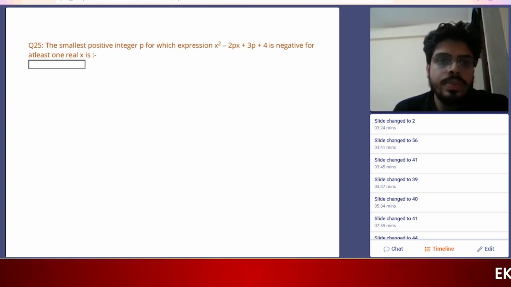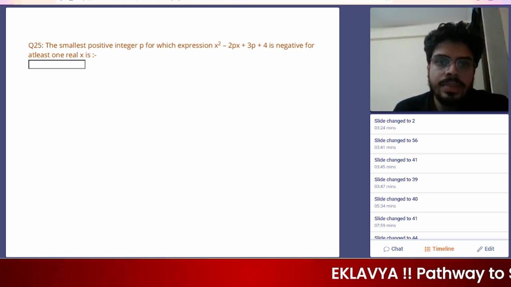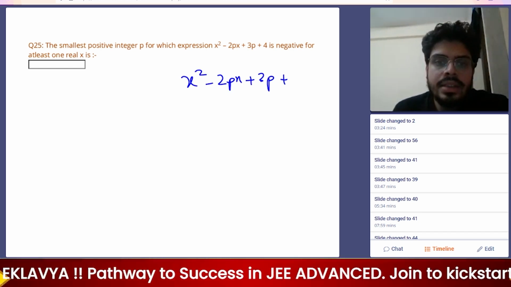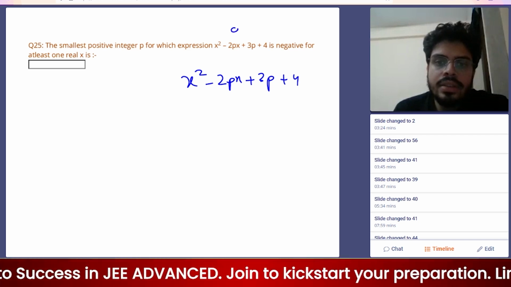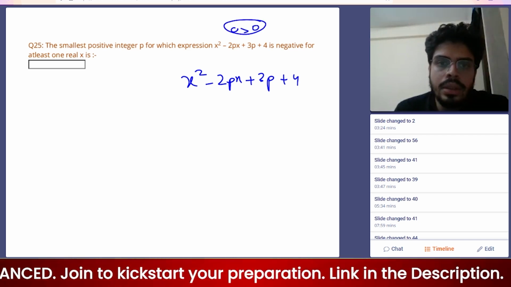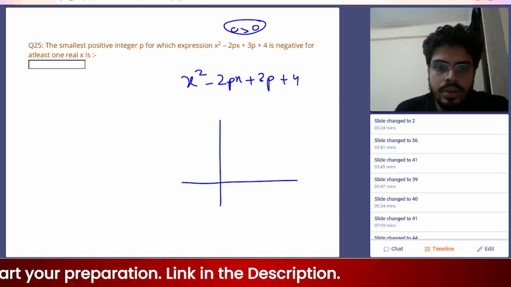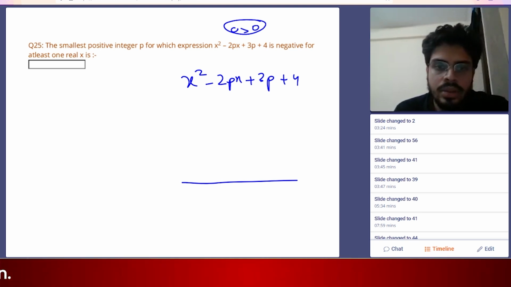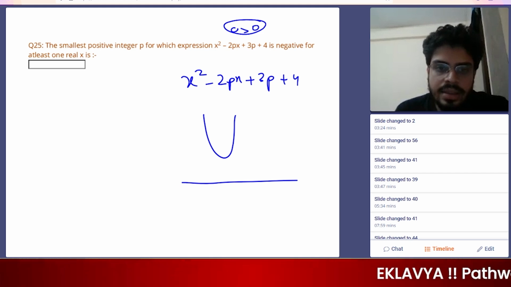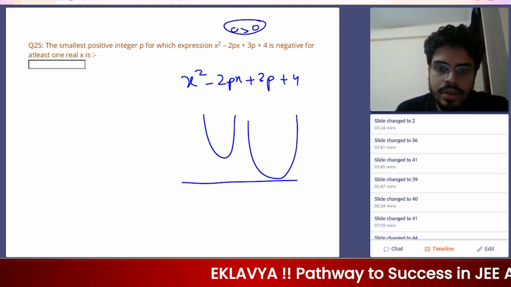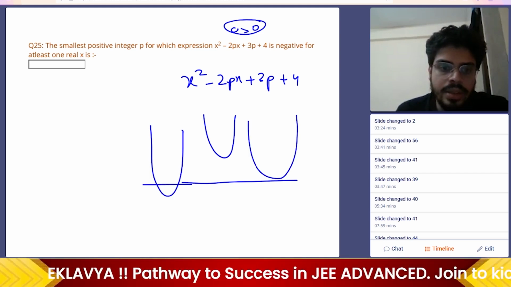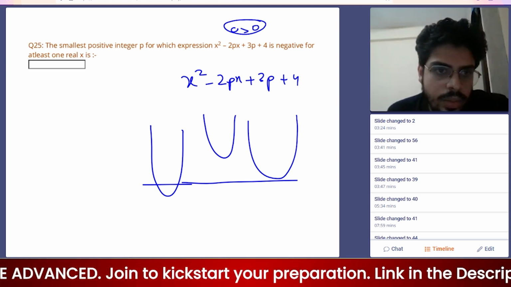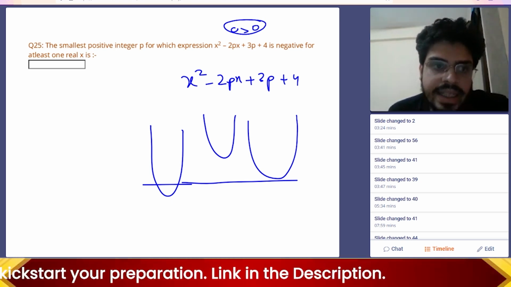So here the smallest positive integer p for which the expression is negative. Here you can see that this is a quadratic equation with a greater than 0, so the parabola will be upward. Upward parabola means it can be like this, or it can touch, or it can cut at 2 points. They're asking for the smallest positive integer p for which it is negative.